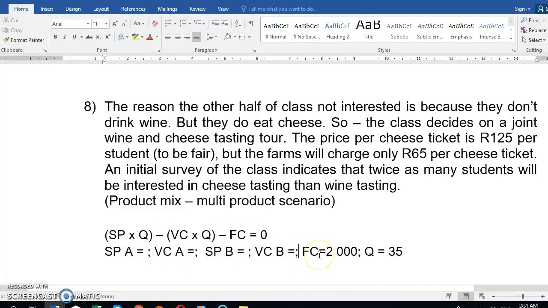So therefore, there's no fixed cost for product A and fixed cost for product B. And in this case, our quantity will be unknown.